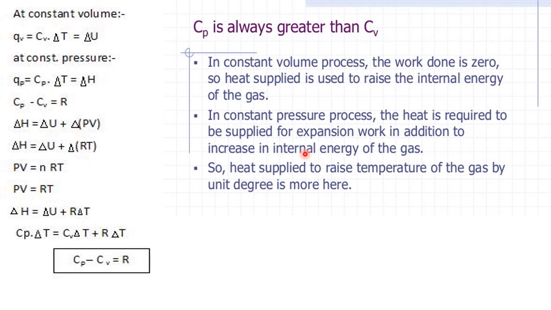Therefore, this value is always more. That means Cp is always more than Cv. Heat supplied to raise the temperature of the gas by unit degree is more in the case of Cp than in the case of Cv. That's why Cp minus Cv equal to R, or Cp equal to R plus Cv. Something extra is there in the case of Cp, which we will calculate whenever a numerical comes.